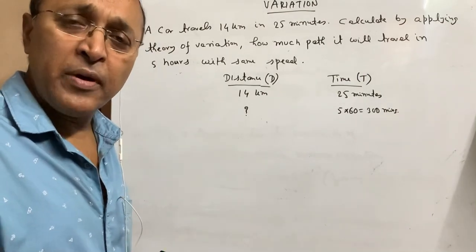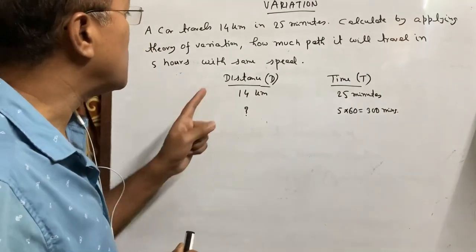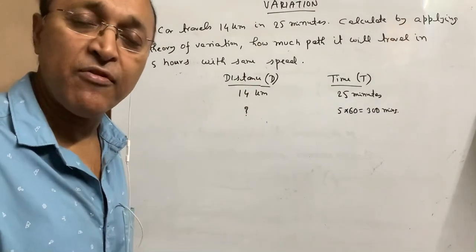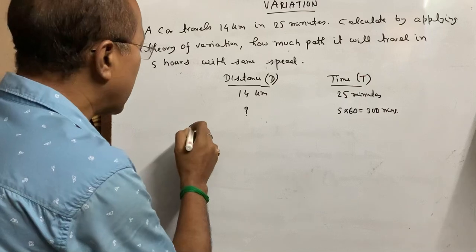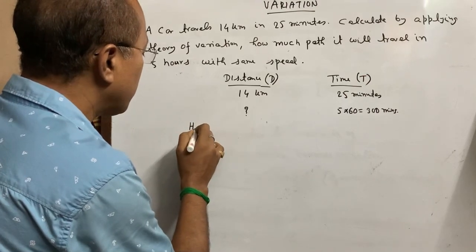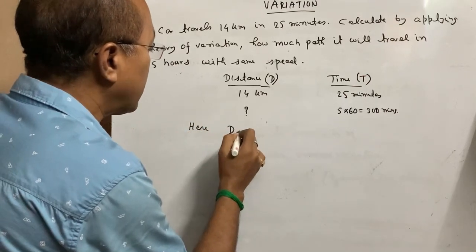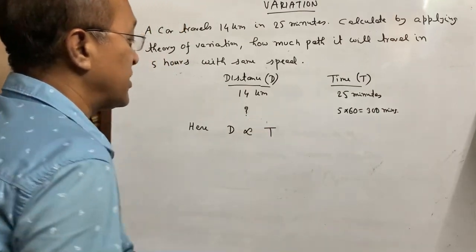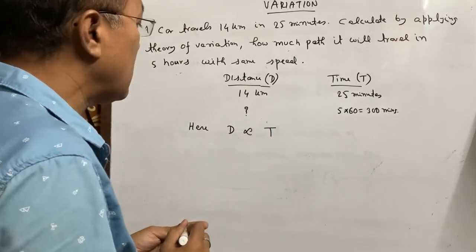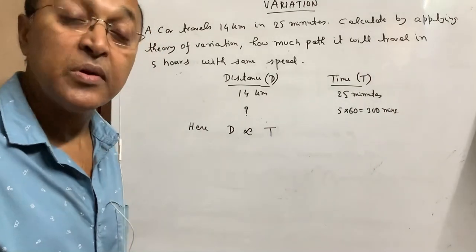First our lookout would be, what relation do this distance and time have? Here distance and time are in direct variation. So d proportional to t.